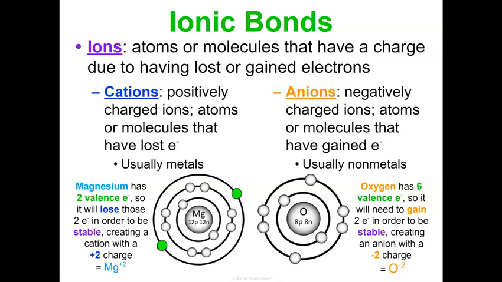And anions are negatively charged atoms that have gained an electron, and they're usually nonmetals. Now, I am going to show you some patterns here shortly.